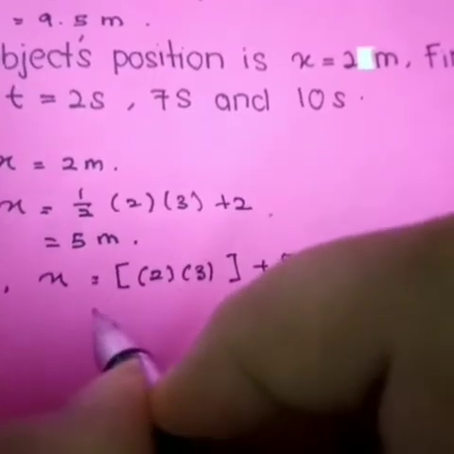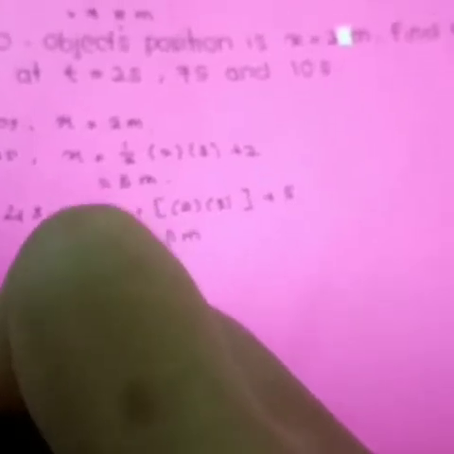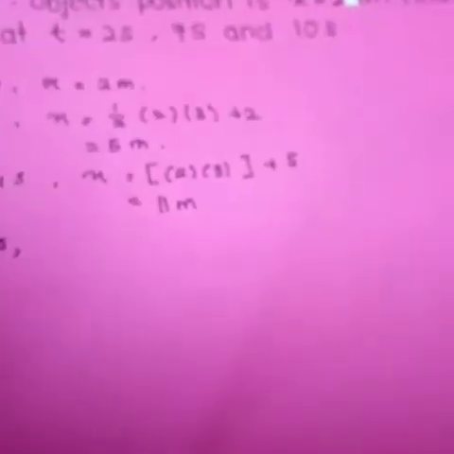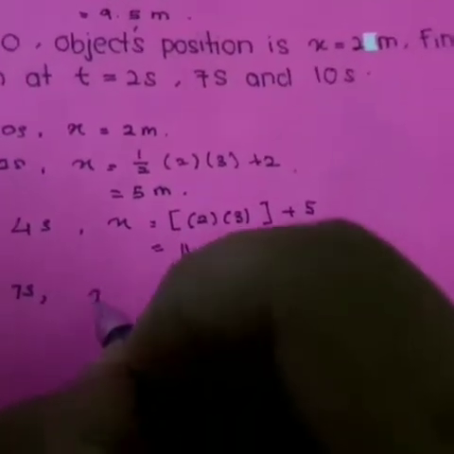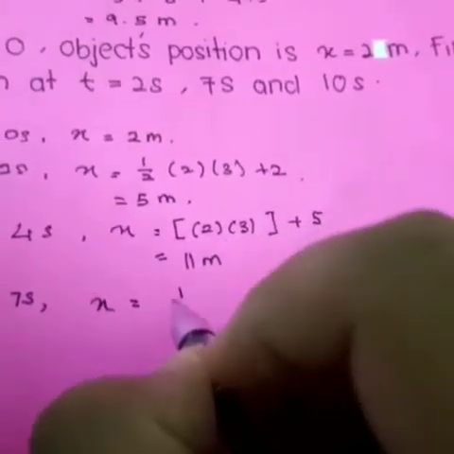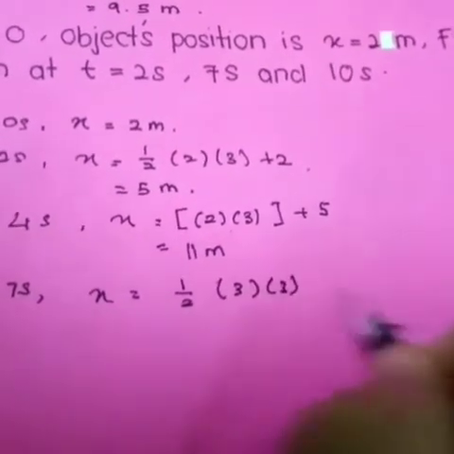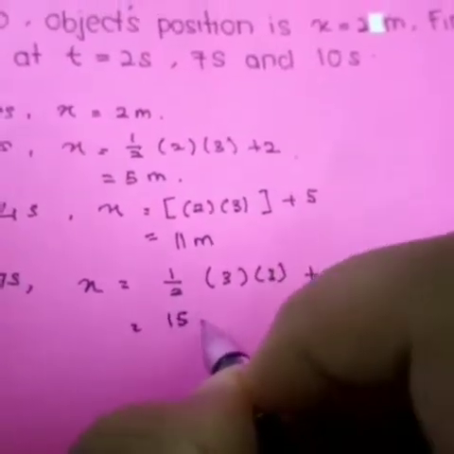So we get 11 m. So next, t equals 7 seconds. So x is 1/2 times 3 plus 11. So we get 15.5.